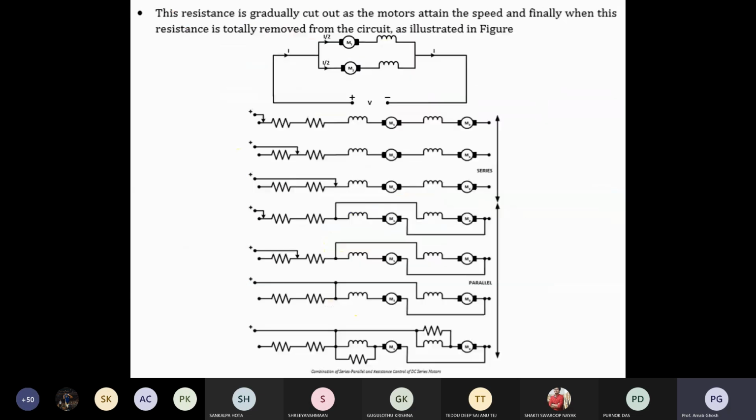So here you have different combinations of series, parallel and resistance control of a DC series motor. The resistance is gradually cut out as the motor attains speed, and finally the resistance is totally removed from the circuit, as illustrated in the figure.